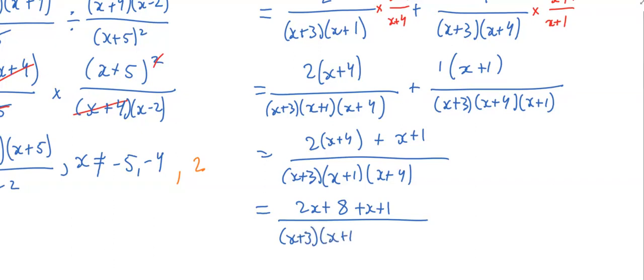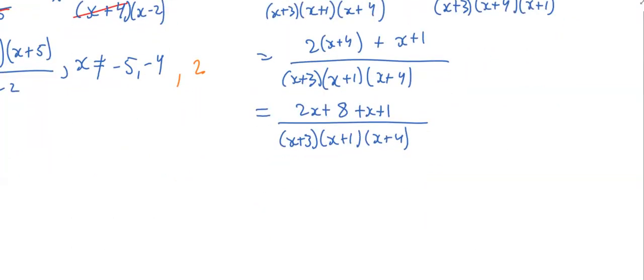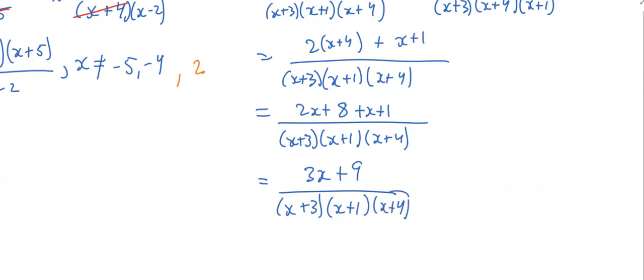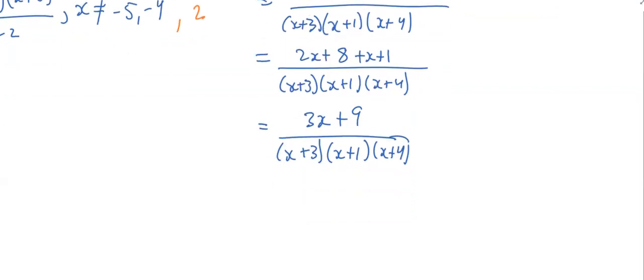I'm sure you could save a lot of steps if you were actually doing this. We're doing extra steps here. So 2x plus x is 3x, 8 plus 1 is 9. And what do I have to do now? Refactor. And this is, like I say, the part that in grade 11 a lot of people have a problem with. Well, we already factored. Why are we expanding? Why are we refactoring now? Like, I don't understand.